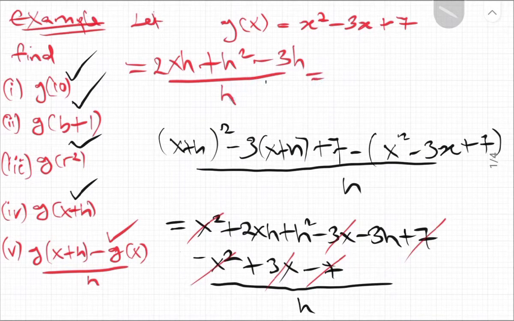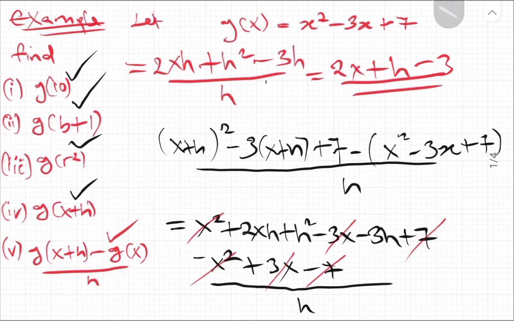Now we could distribute the h such that h cancels out with h here. We just have 2x left there. Then plus h squared over h is just h. Minus 3h over h is just minus 3. So the answer is 2x plus h minus 3. I'm running out of time. I'm going to see you in the next video.